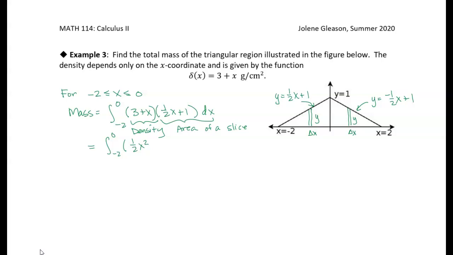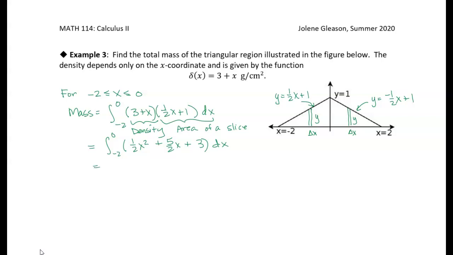And 3 times 1/2 x gives 3/2 x. So 3/2 x plus 1x gives me 5/2 x. And then 3 times 1 gives me 3. Essentially what I did is FOIL it, as you might have learned in algebra. But then it's much easier to integrate.